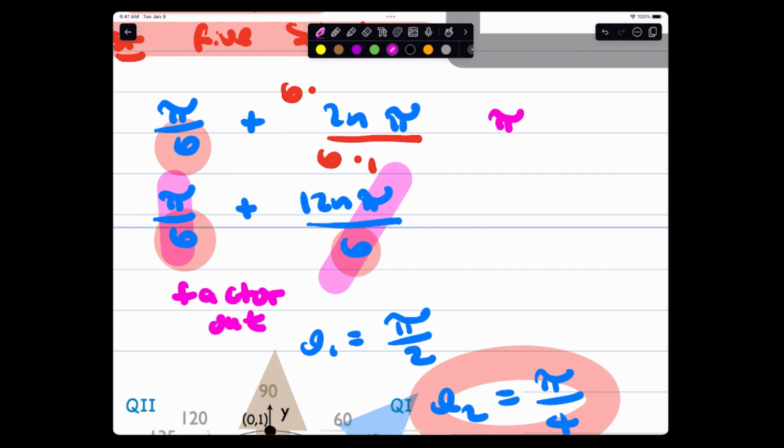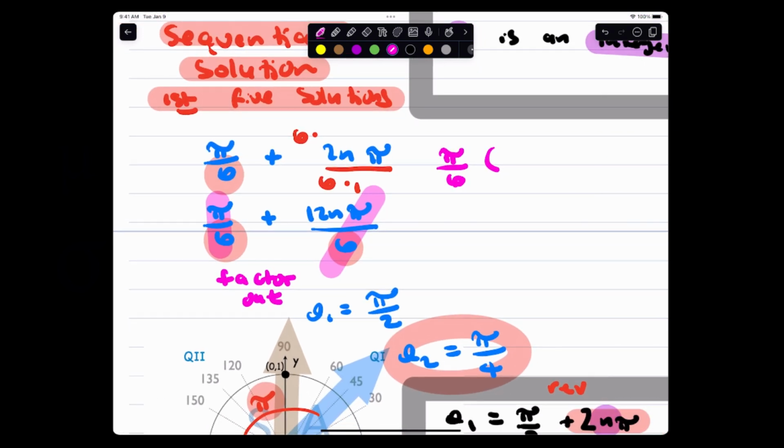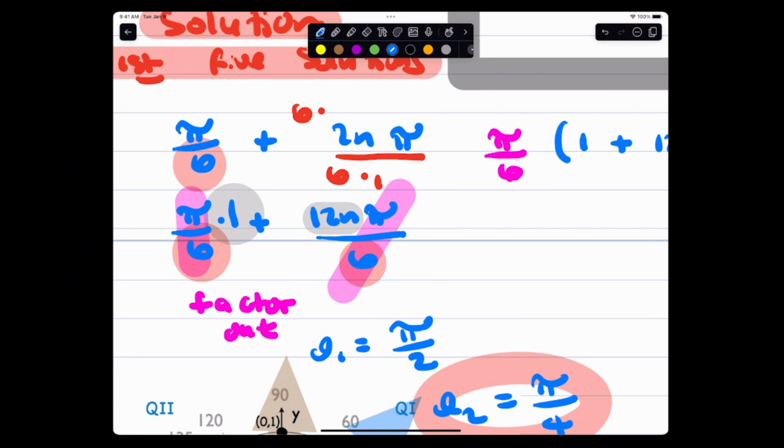And you say, well, what is that? Well, it's pi over 6, ladies and gentlemen. Pi over 6 times what? We're going to factor out the common pi over 6. What you're going to have left here, when you factor that out, think of there being a 1 here. And you've got 12n. So you're going to end up with this 1 plus what? 12n, because you are factoring out the pi over 6 multiple. So don't really add, just factor that part out.